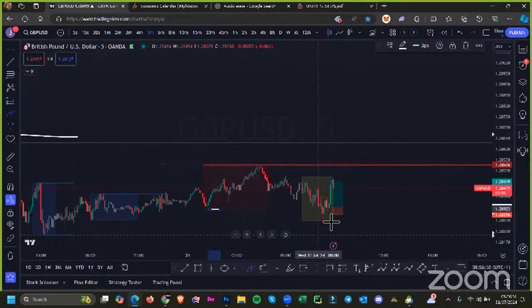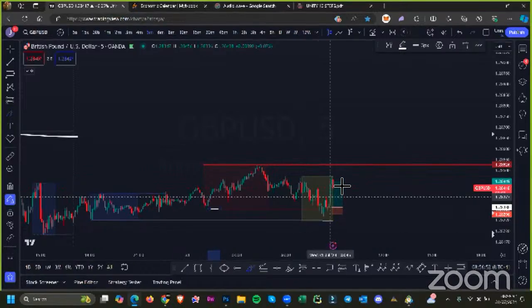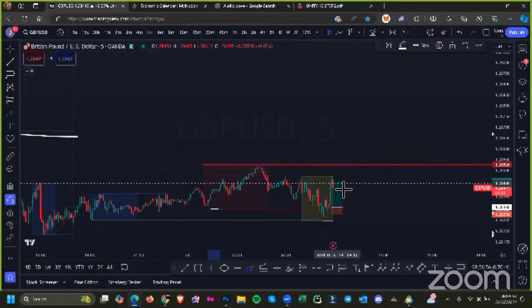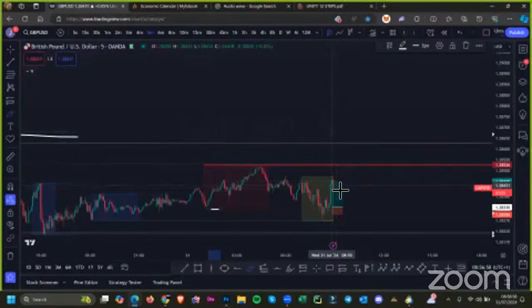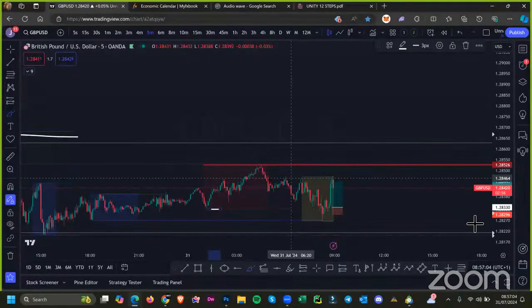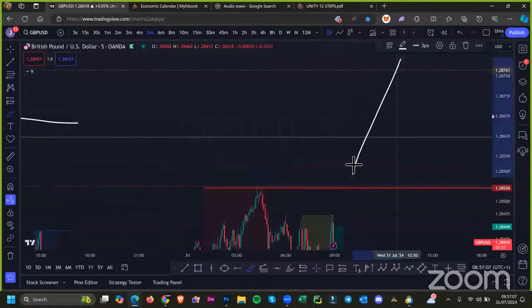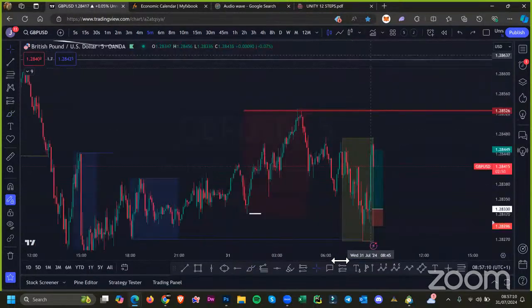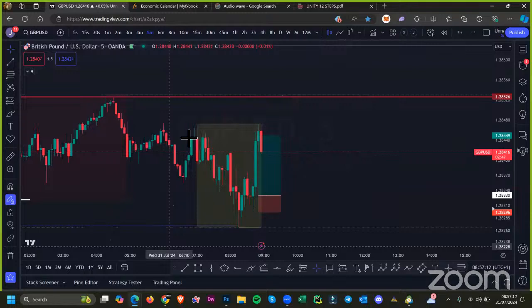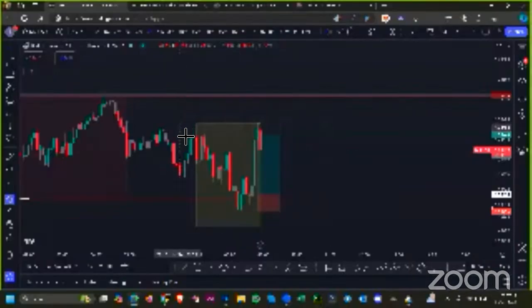So when or if that market pushes above here properly, which it hasn't done yet, to be fair, on a 5-minute time frame, because the highs are about over here. I've got to look at it properly. Let me zoom in. Well, it has wicked above these highs over here.